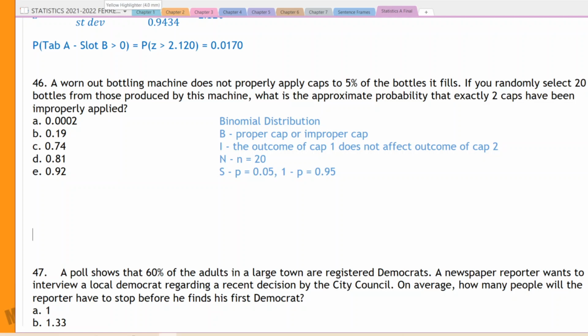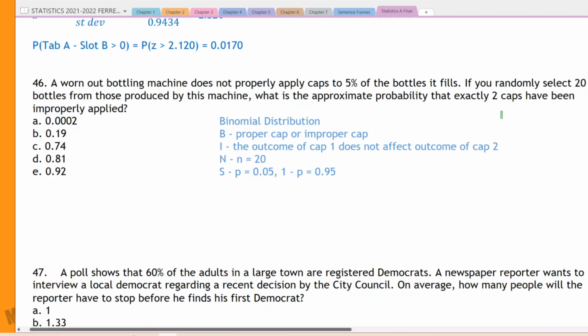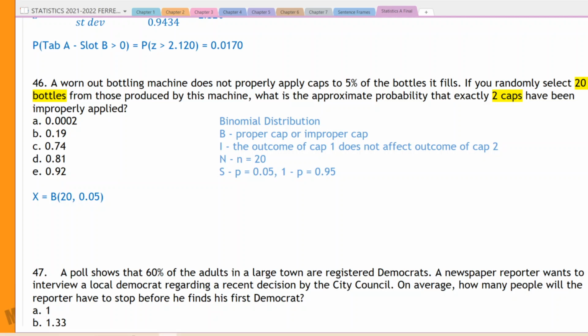And the thing that clued me into a binomial distribution is that we're talking about 2 caps out of 20, not just 1 cap. So if x is the number of improperly fitted caps, that means x is going to be a binomial distribution with a number of trials of 20 and a probability of success of 0.05.